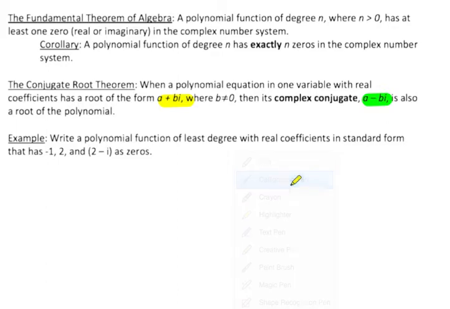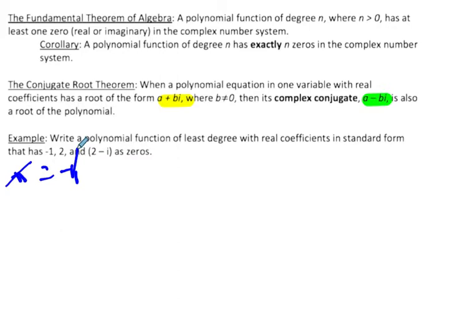If we take a look at this here, we basically are going to be working backward through the process of solving. I have been told here that we have zeros at -1, so x equals -1 is one of your solutions.